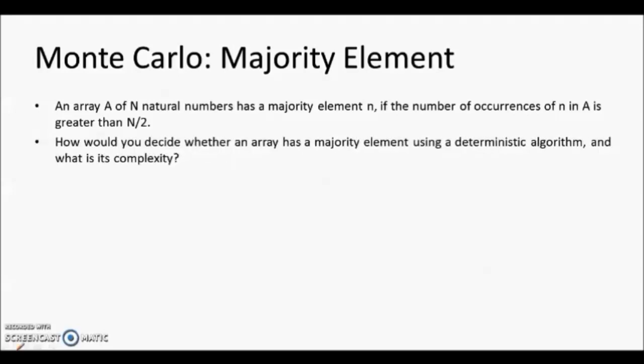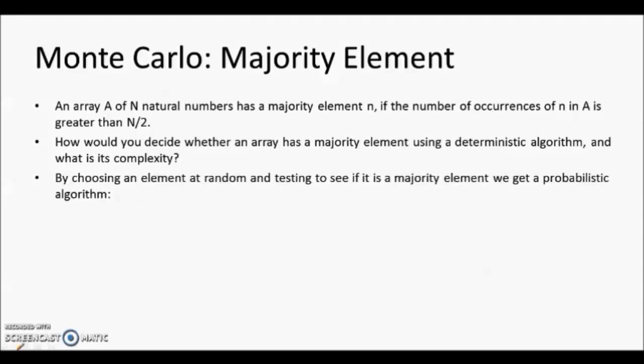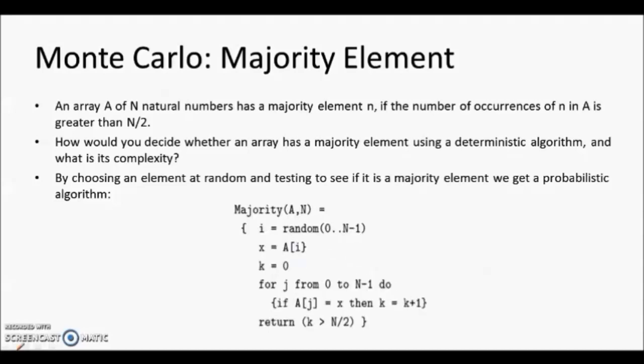So the question is, how would you decide whether an array has a majority element using a deterministic algorithm, and what is its complexity? By choosing an element at random and testing to see if it is a majority element, we get a probabilistic algorithm. So, see the algorithm carefully.